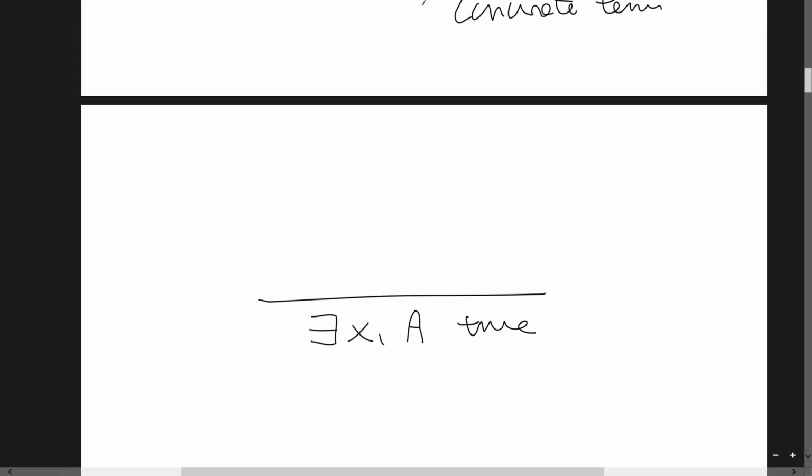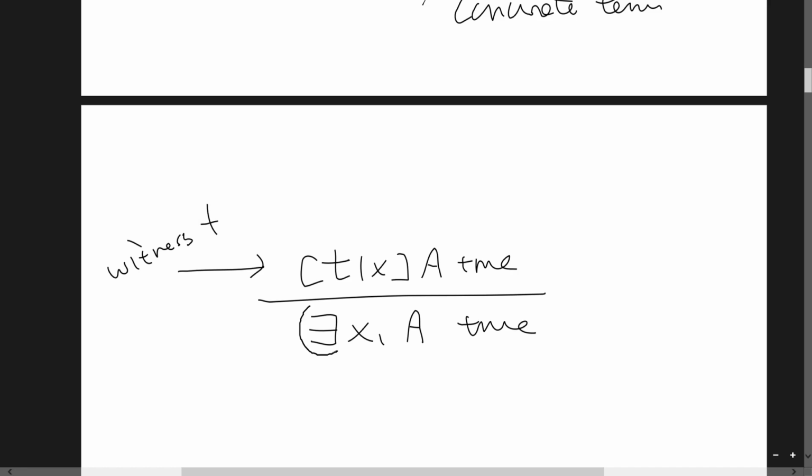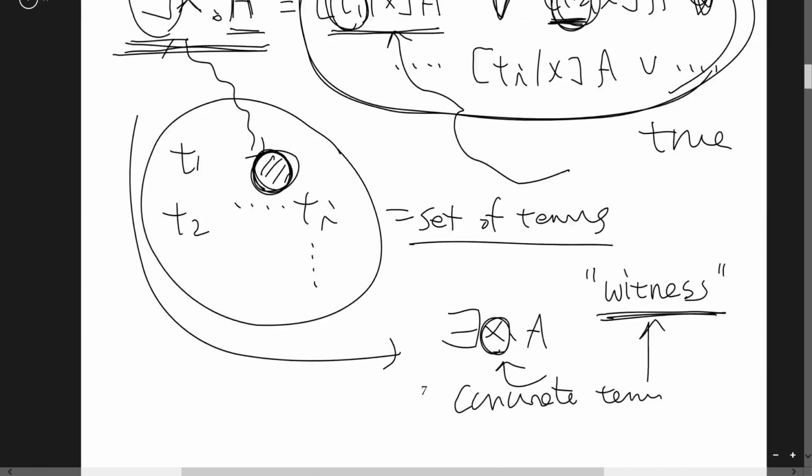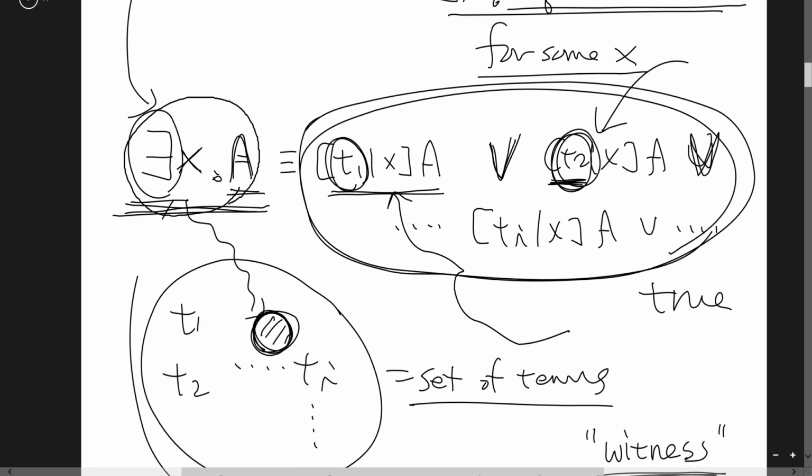Let's say you made some effort to find such a term, and you discover that the term is actually t. Then you have this proof. Whenever you have a proof of this form with witness t, you can safely deduce existential x A. So this is the existential introduction rule. Again, there's nothing new here because you can think of existential x A as an infinite disjunction.